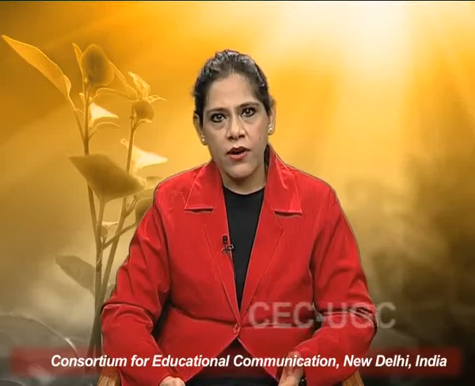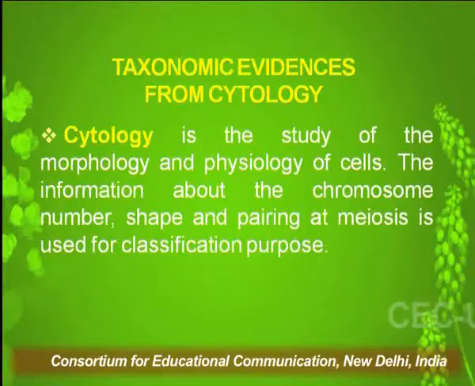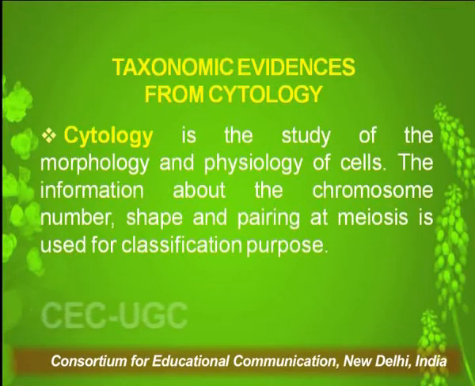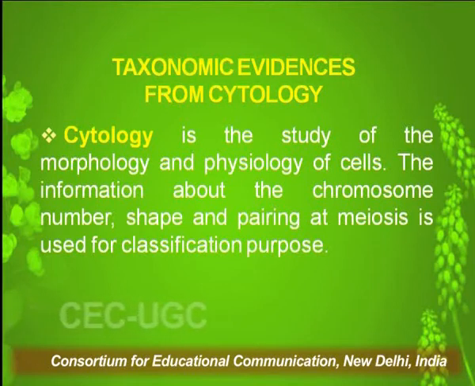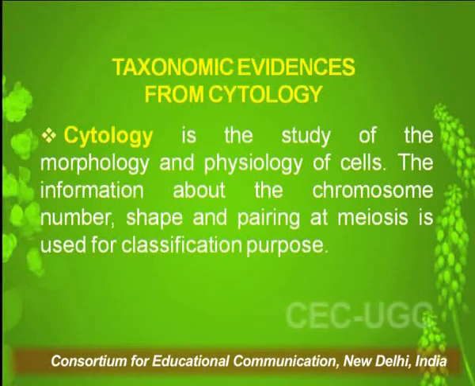Now let's move on to another branch, which is cytology, that has helped in solving the taxonomic problems and acted as a taxonomic evidence. Cytology is the study of morphology and physiology of the cells, and the information about the chromosome number, shape and pairing at meiosis is used for classification purpose.